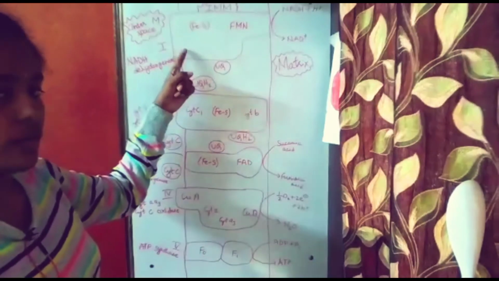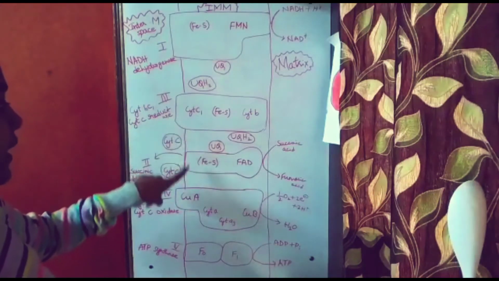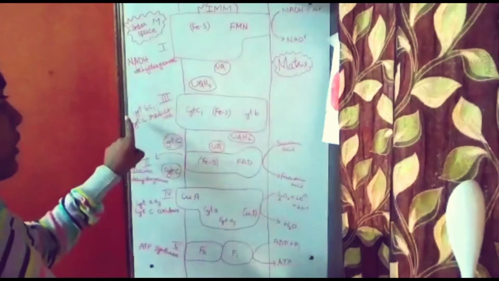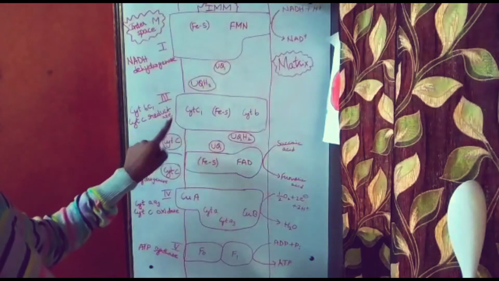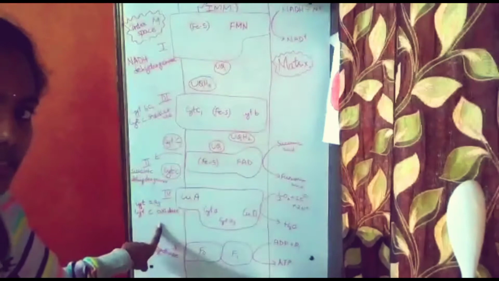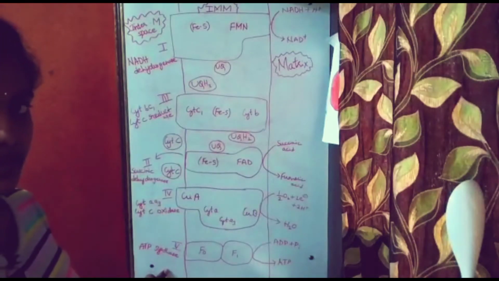The first complex is NADH dehydrogenase. The second one is succinic dehydrogenase. Third one, cytochrome BC1 or cytochrome C reductase. Fourth one is cytochrome AA3 or cytochrome C oxidase. The fifth one is ATP synthase.